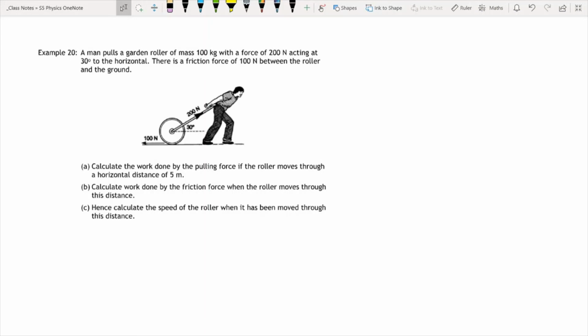But this time, we want to calculate the work done by the pulling force if the roller moves through a horizontal distance of 5 meters, and then the work done by the frictional force when the roller moves through that distance. So the first thing to do is we're looking at horizontal distances, so we need to find the horizontal component of the force. So we've got our 200, we want to find this one, Fx, and it's 30 degrees.